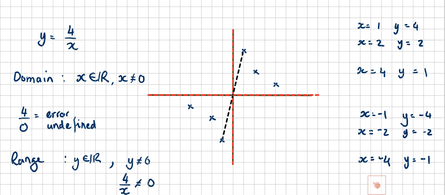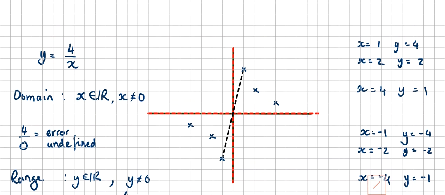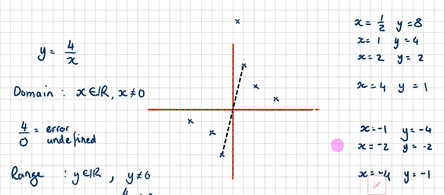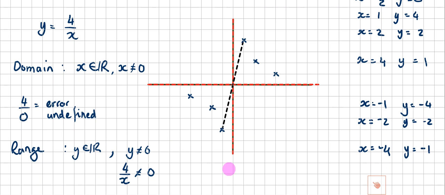Is that true? No. Let's have a look at what actually happens. So let's put x equals 1/2 in. What do we get? 8. Y equals 8. So it doesn't do this. It actually goes up here, and on the other side it will end up down here.